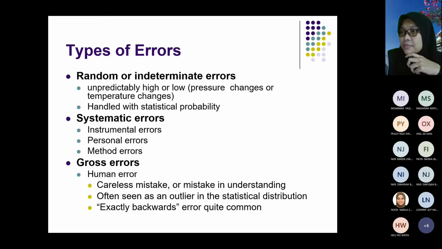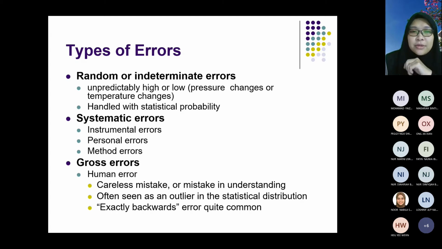I think systematic errors are more towards when we calculate wrongly or measure wrongly, but human error is more like we don't understand the topic fully, and when we do the experiment it's not correct because it's not the correct concept.